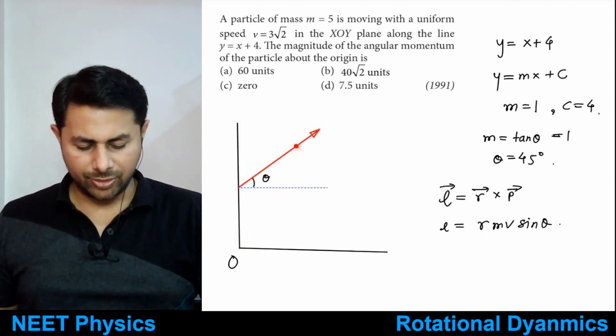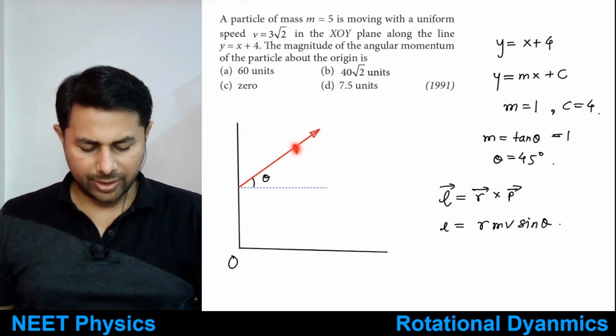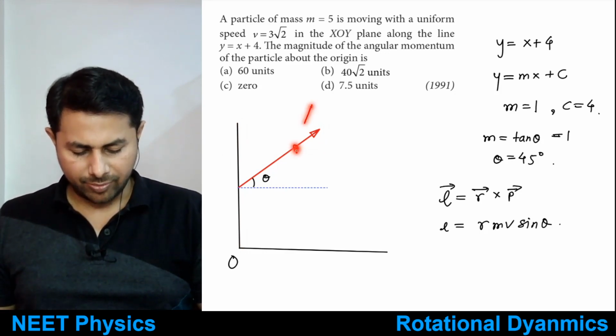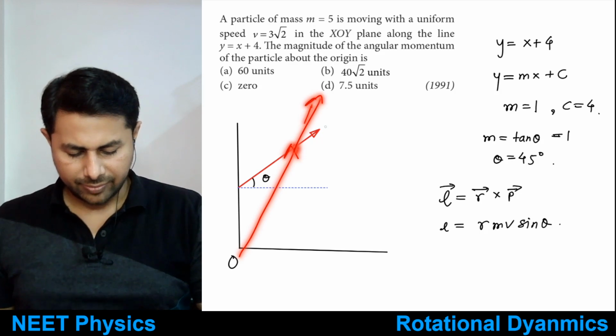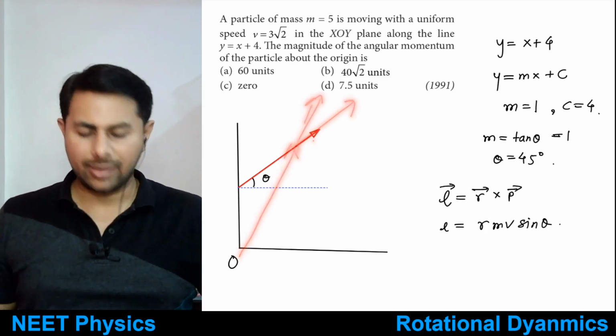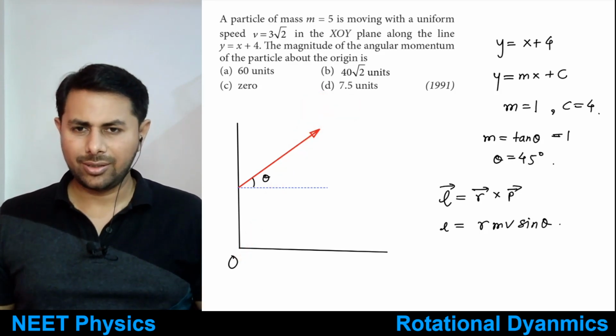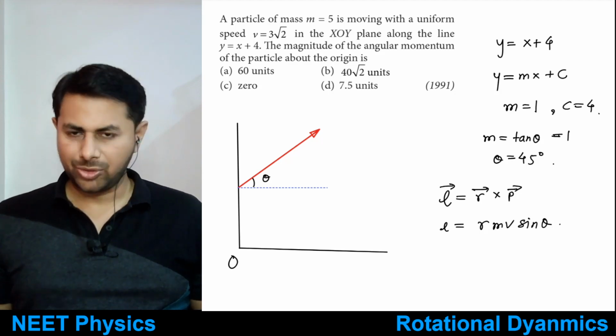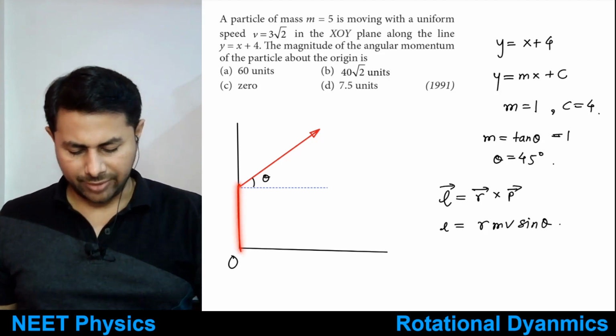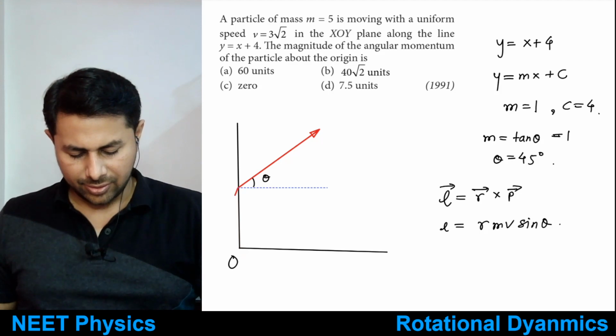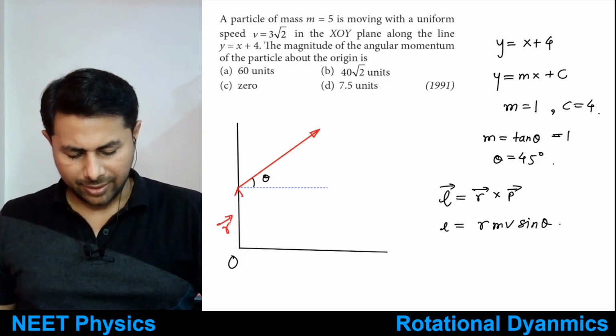But if the particle moves here, it will be difficult to find the angle, because the position vector will be directed like this and the velocity would be like this. So what should we do? We should take the position vector at the start. So this is the position vector r bar.